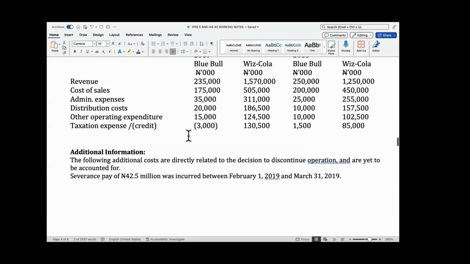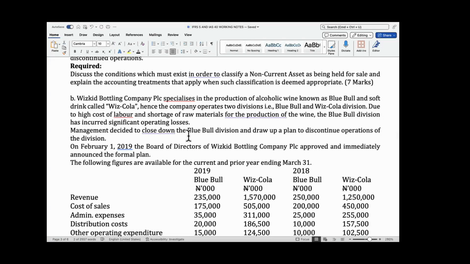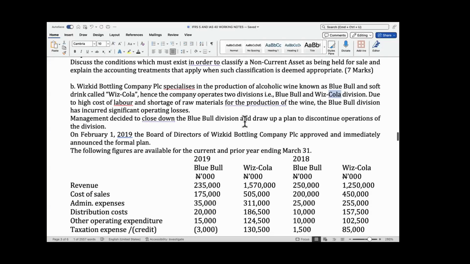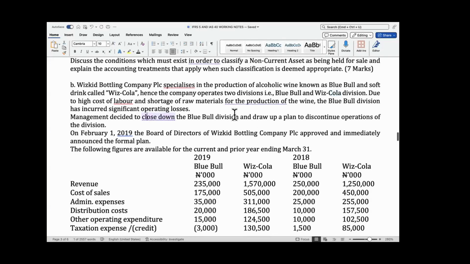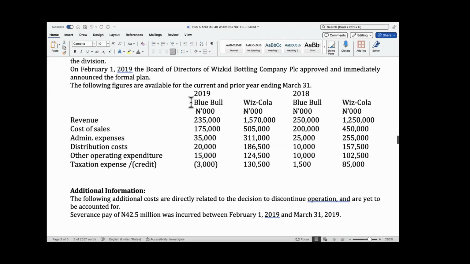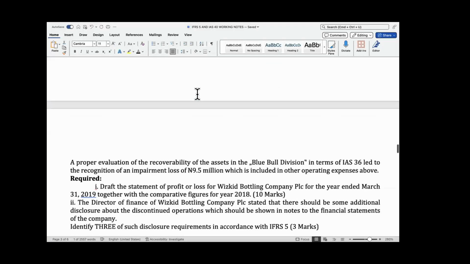So what's happening here? This company has 2 divisions, Blue Bull and Whiskola, and they have decided to shut down Blue Bull. They give us the report of Blue Bull and Whiskola for 2 years, and they want us to prepare the P&L.